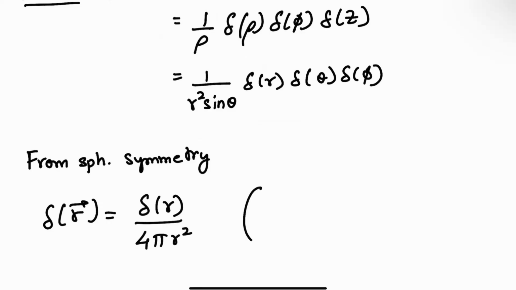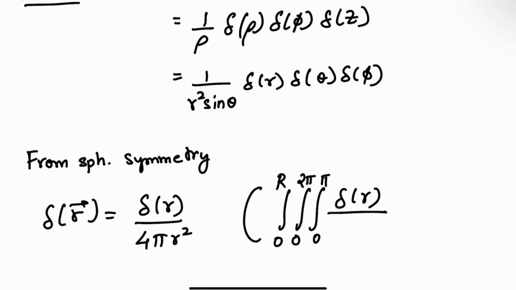Okay, and the reason behind this is that we want the integral of the delta function to be unity. So if I integrate from 0 to r, 0 to 2 pi, and 0 to pi, delta of r over 4 pi r squared, sine theta, d theta d phi dr, this is equal to 1.